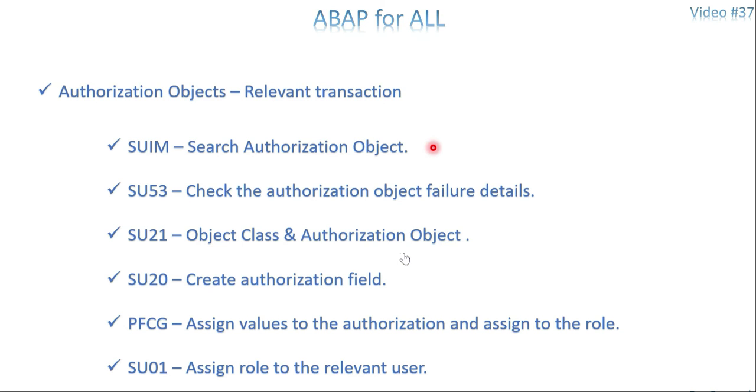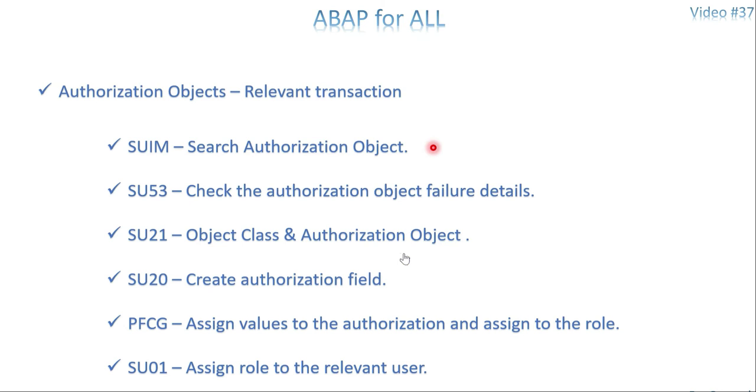You know the hierarchy, right? Authorization needs a role, and the role acts as a bridge between the authorization object and the user. Then they will find an existing role of the user. If they are okay with that existing role, they can add the same authorization object for the particular transaction. Otherwise, they will create a new role, add the authorization object, and add it to your user. Then you are able to access the transaction.